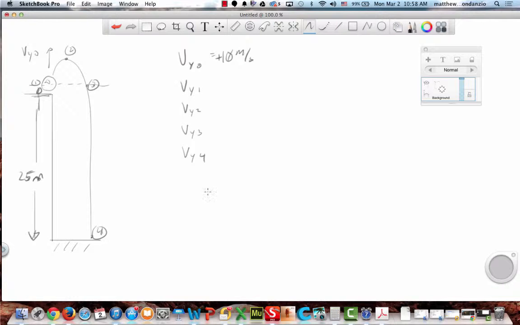And we also wanted T at 1, T at 2, T at 3, and T at 4. Is that all I asked for? Okay, and then I want to know the height of point 2. That's a lot of stuff to find out, isn't it? Okay, well, it's not that difficult to get this.